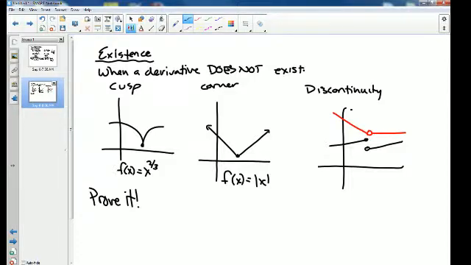You've got to show it with a correct statement. So what could we do at this one to show that the derivative does not exist? We could just prove it's not continuous.